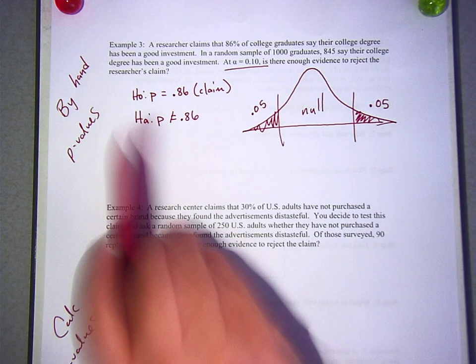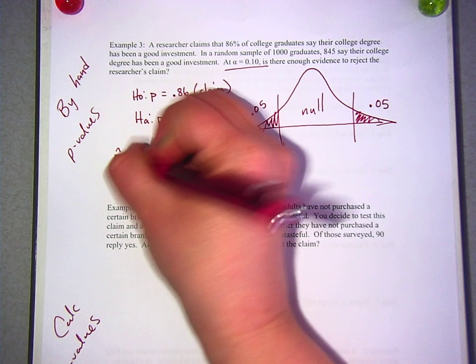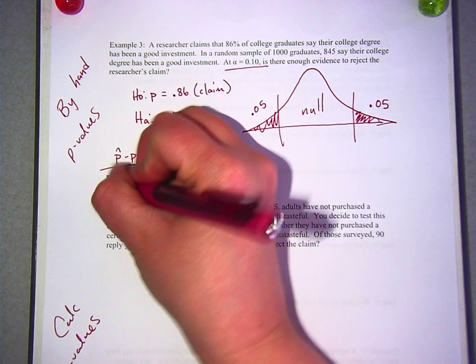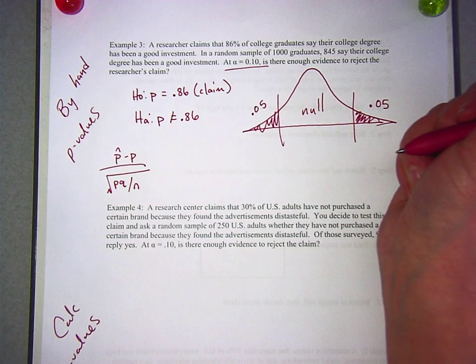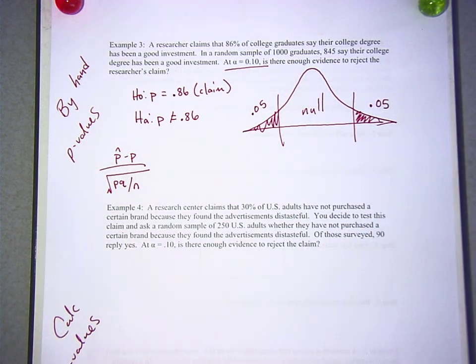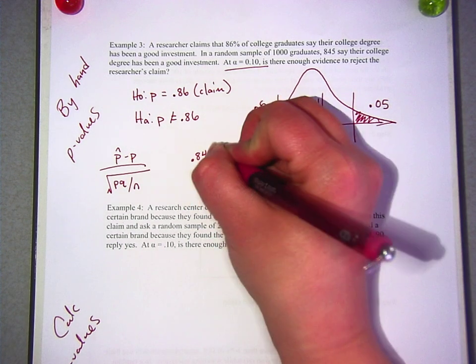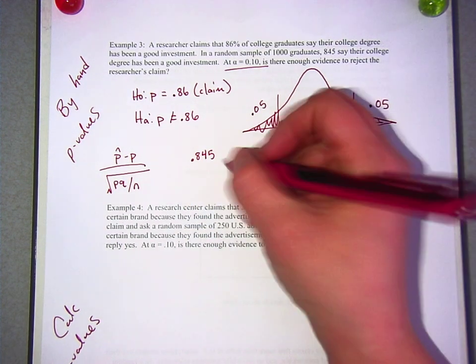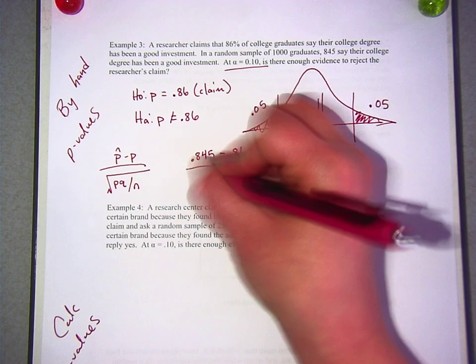Okay? So now we have to do an equation, which was p hat minus p divided by the square root of pq divided by n, I think. Okay, what's p hat? 84.5% or 0.845 minus our claim, which is 0.86. Pretty close.